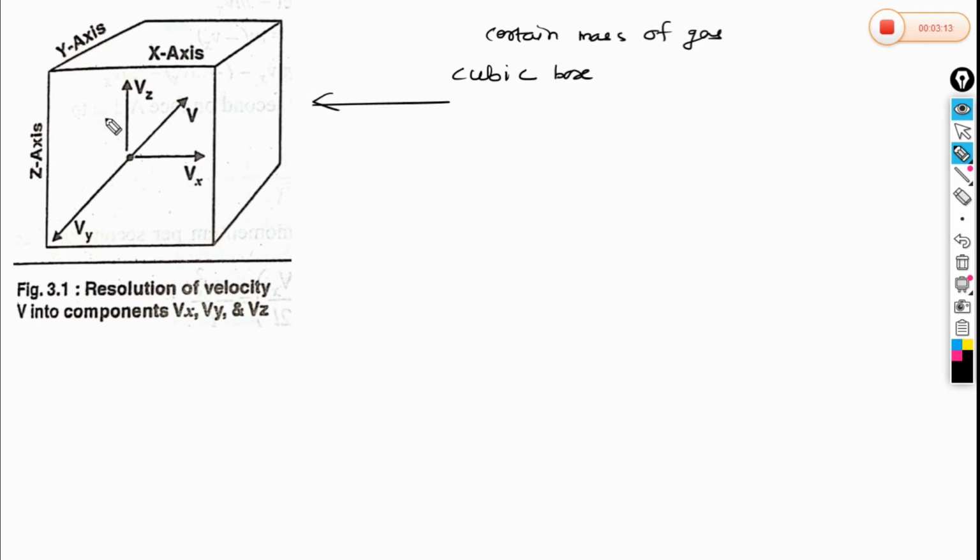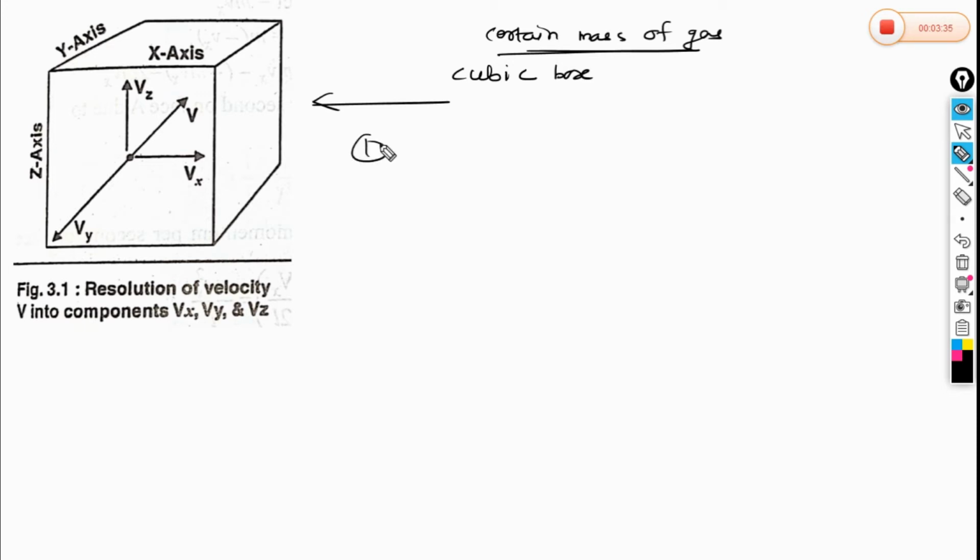In this cubic box a certain mass of gas is enclosed, and this box is kept at a fixed temperature. Now suppose that the length of each side of the box is L centimeter.